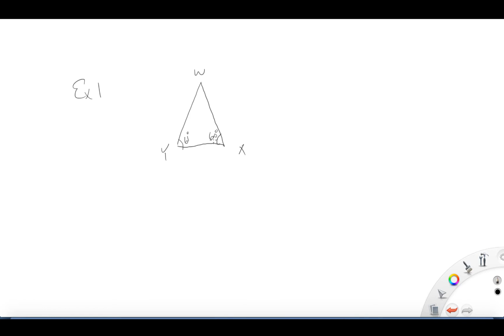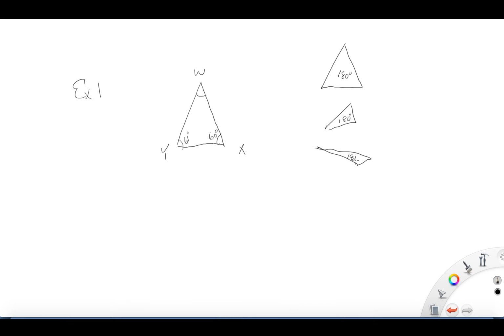So how do we know which one is the longest? A couple things we need to remember. Inside a triangle, doesn't matter what shape of triangle, could be the obtuse one or the scalene, the inside angles equal 180 degrees in every single triangle.